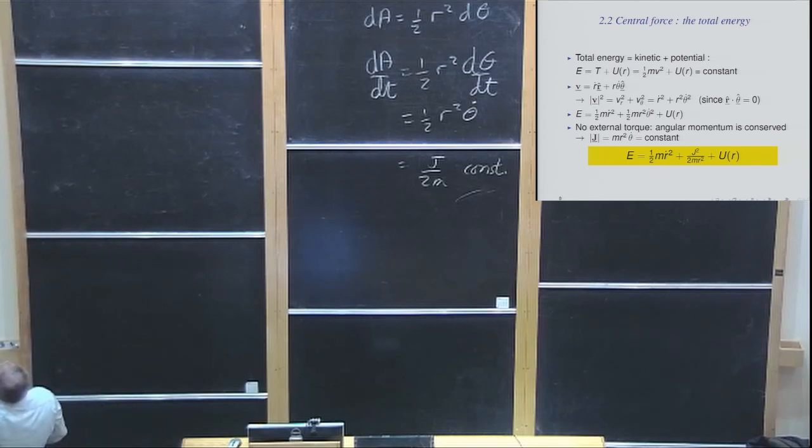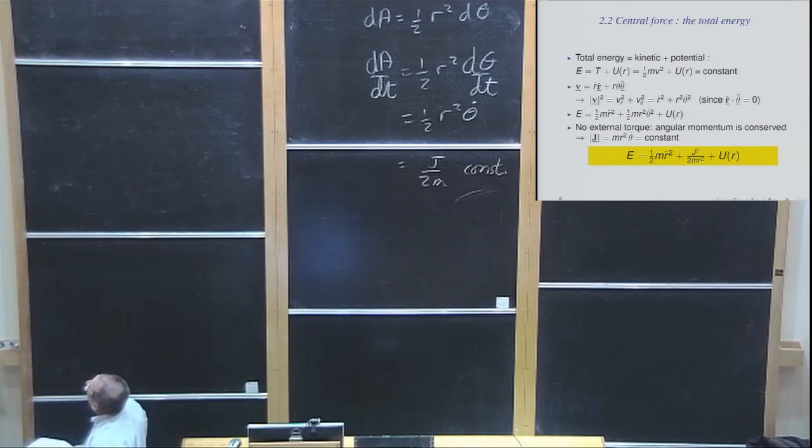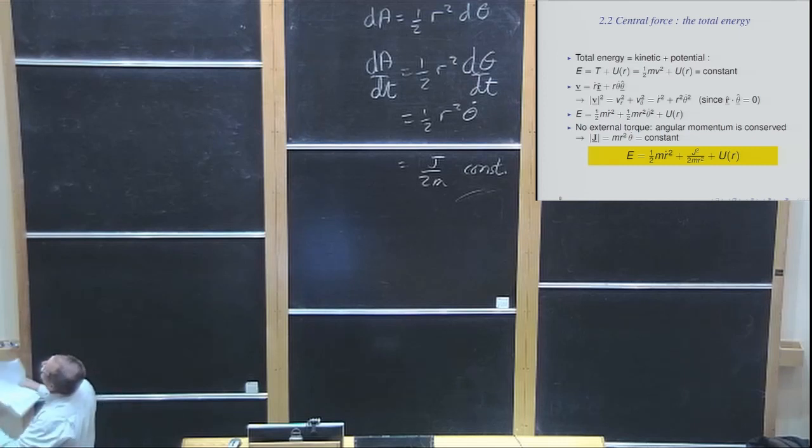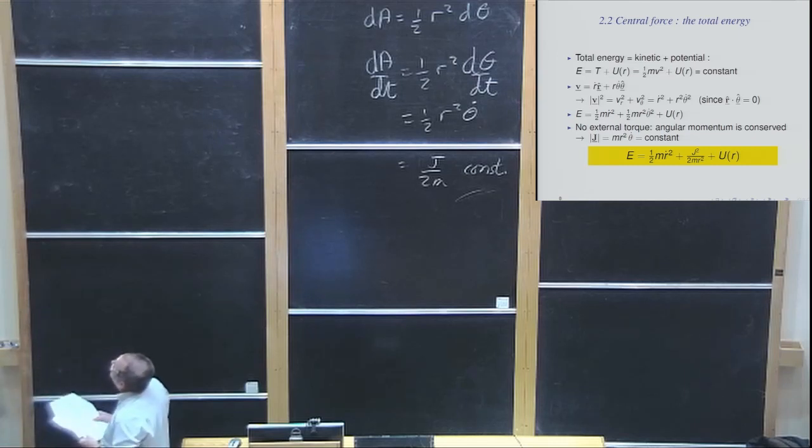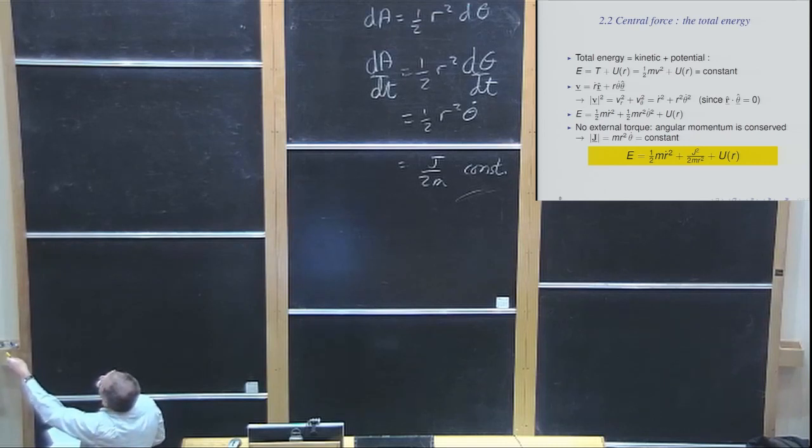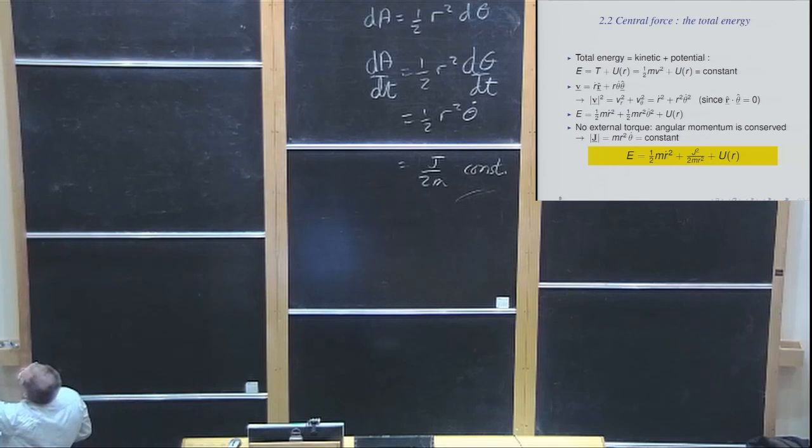This you could write down already at school as a half mv squared plus U(r), where U is, well, we will specialize soon to the gravitational potential. But let us rewrite v in terms of polars. So this is our expression for v. To get v squared, we dot it with itself, no cross terms, and we get r dot squared plus r squared theta dot squared.